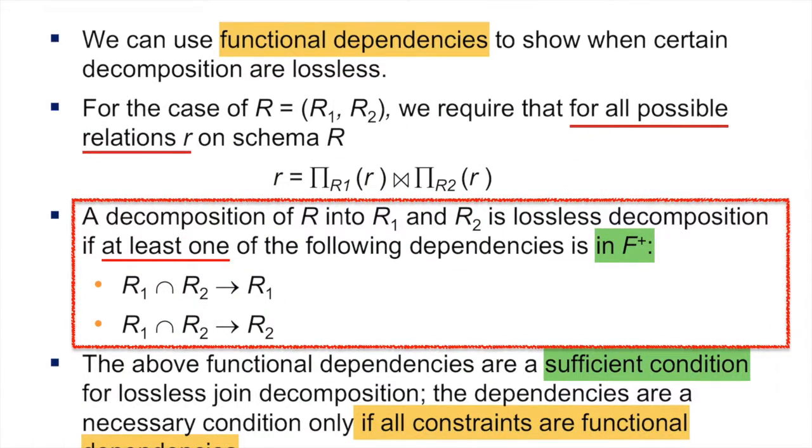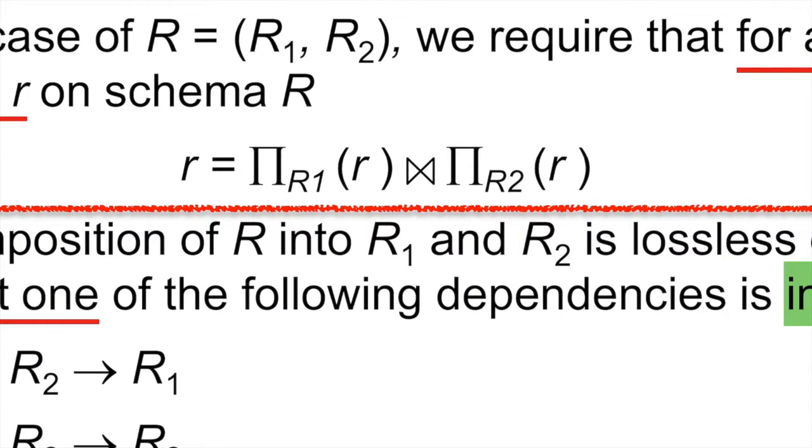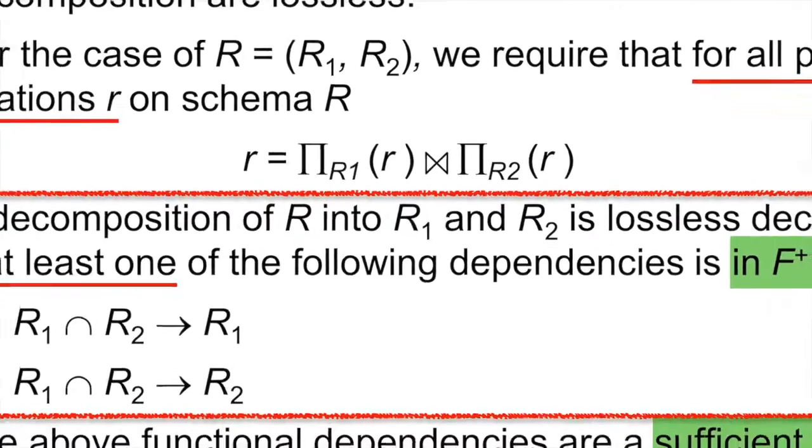The naive way of showing this is that given a decomposition R1 and R2 of R, we need to show that for all possible relations or for all possible tables on schema set R, this one is true. So, as you recall, this is just the natural join of the two decomposed tables. Dapat equal siya dun sa original table.